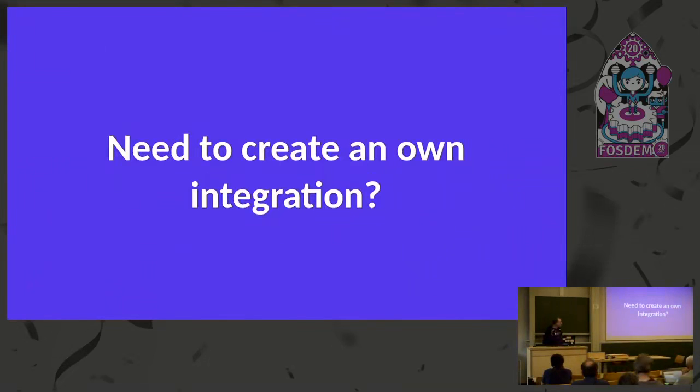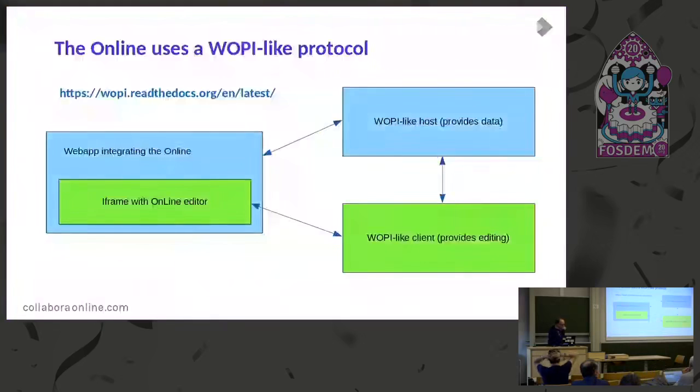So, what do you need to do if you want to create your own integration? I will just quickly go through the steps. I cannot go into the details, unfortunately the time doesn't permit, but I would like to give you a quick overview about the architecture of this Collabora Online and web app setup.